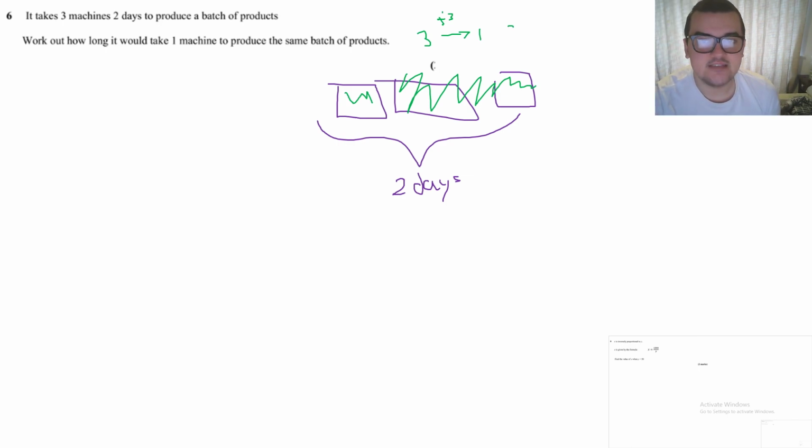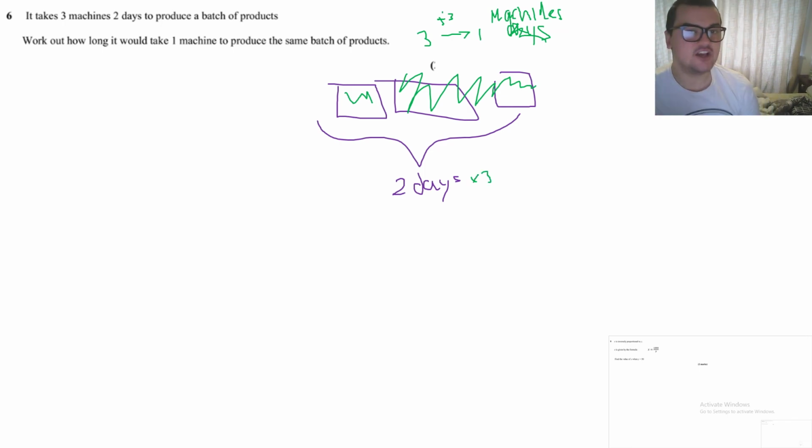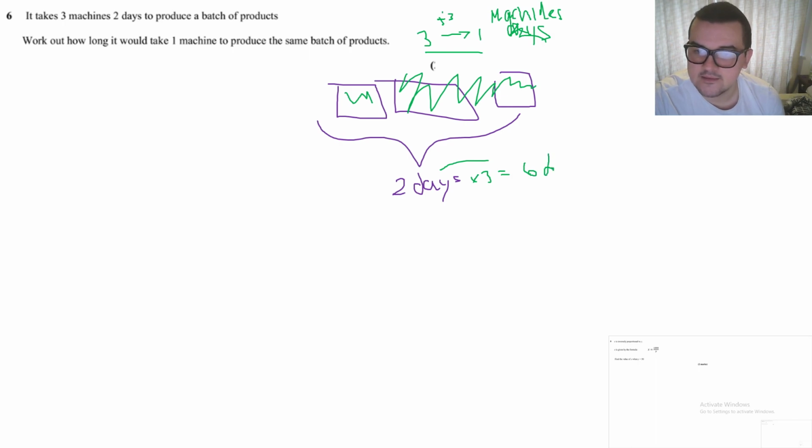So we've divided the machines, but we're going to multiply the days because this is inverse proportion. So whatever we're doing to the machines, we have to do the opposite to the days. This becomes 6. So the answer is 6 days. And there is your answer.